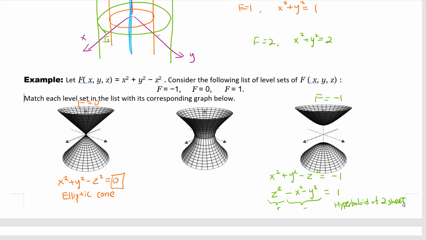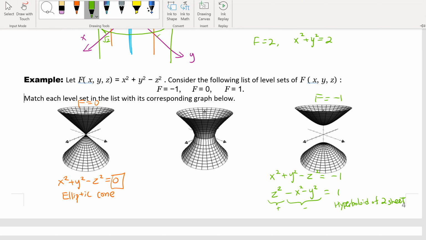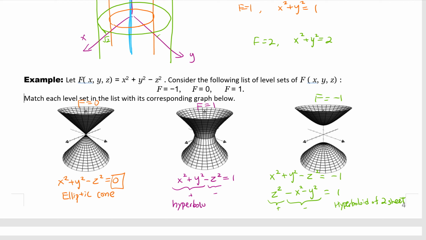And last, when f equals 1, then we have x squared plus y squared minus z squared equals 1. So we have 2 terms with positive coefficients, 1 term with negative coefficient. That is hyperboloid of 1 sheet. So far so good, everybody?